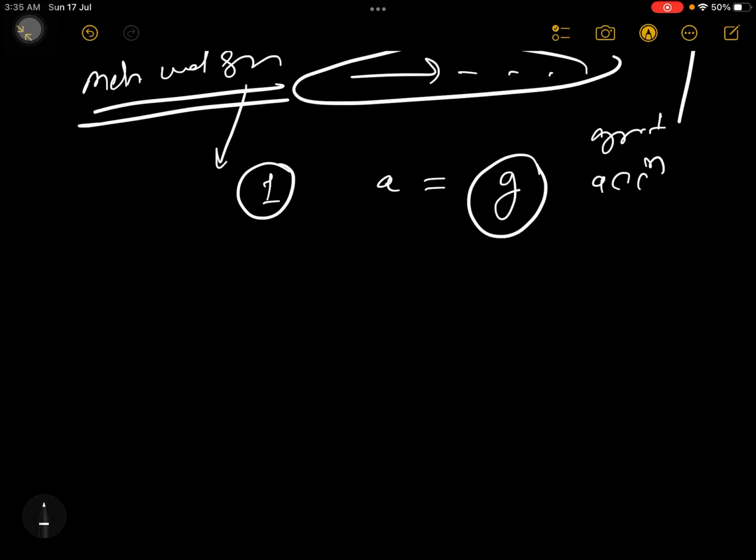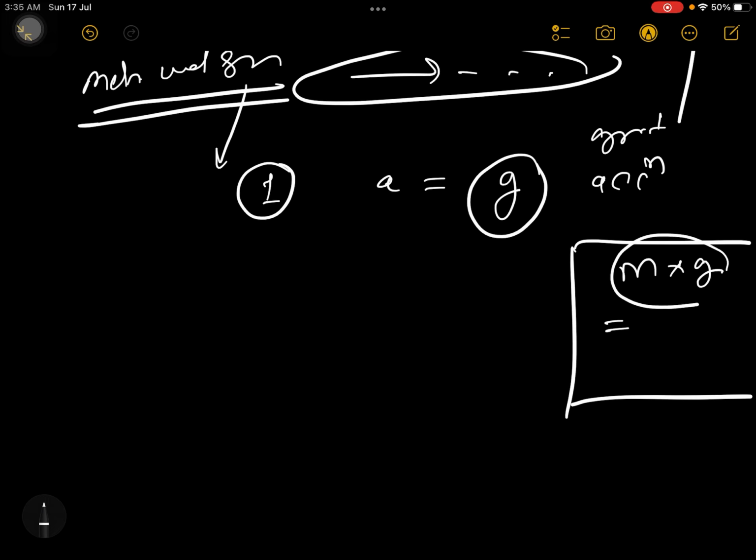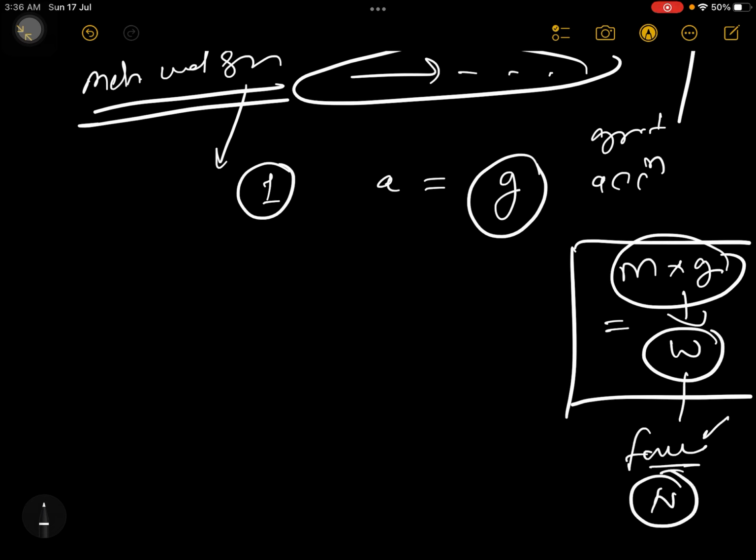And one small thing you should know here: if mass is given, you just multiply the mass with gravity, and everything will convert into weight. So this becomes weight. And always remember, weight is a kind of force, so the unit of weight is Newton, because the unit of force is Newton. Unit of mass is kg, and the SI unit of acceleration is meter per second square.